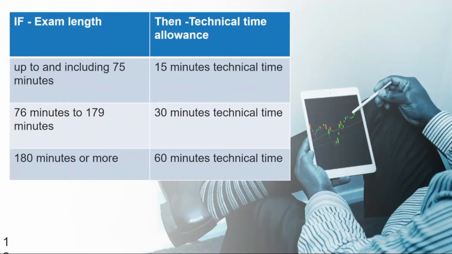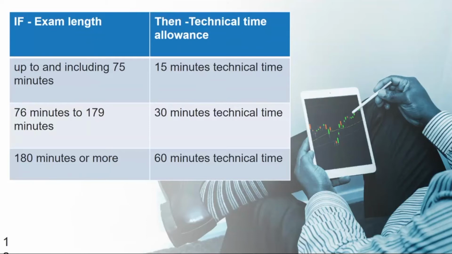If it's a very short answer kind of question, or after considering the kinds of questions and all that, the entire exam does not take beyond 75 minutes, which means the answers are not long.